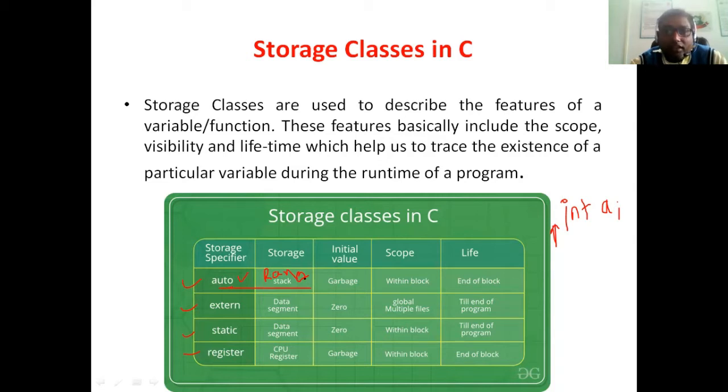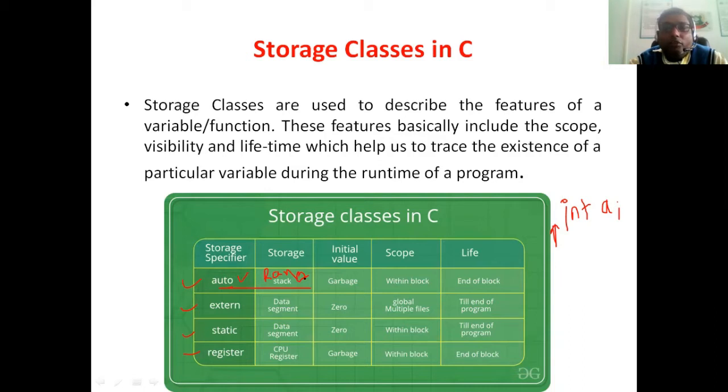After that, once you declare the variable, the next point is what is the initial value, what type of value will be stored by that particular variable. If you declare int a, the internal process is that the compiler will allocate one memory location, and the name of the memory location is a.